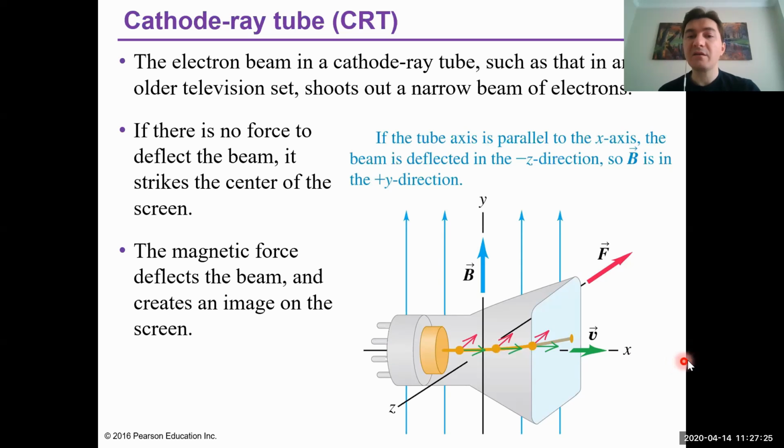But whenever you introduce a magnetic field, since they are negatively charged, there will be a force along the z direction. This is x, this is y, this is z. Velocity is along the x direction, B is along the y direction. Then we have magnetic force due to the magnetic field along the z direction. And what you see here, electrons will be deflected on the screen. So this is the working principle of cathode ray tubes.